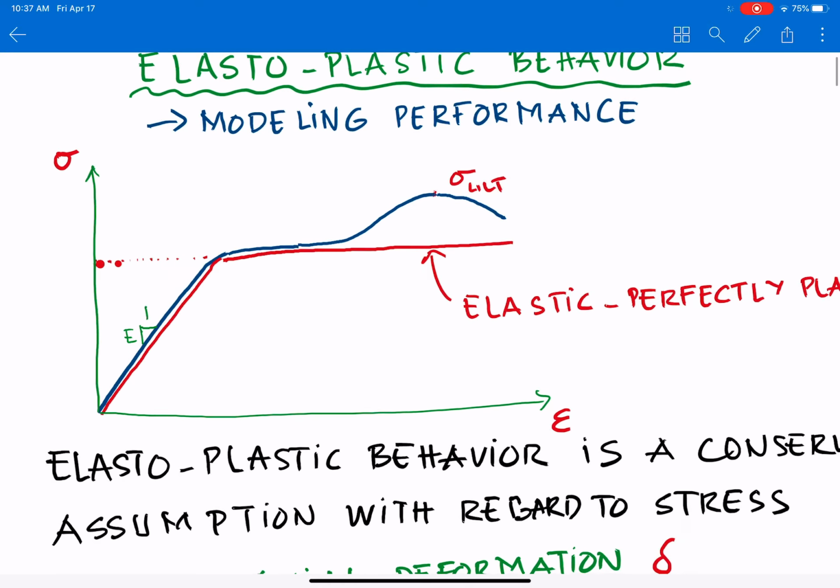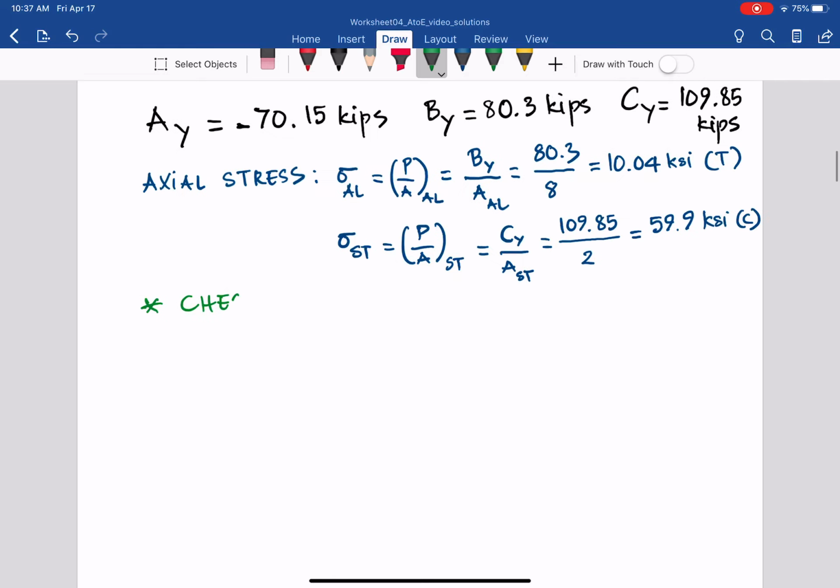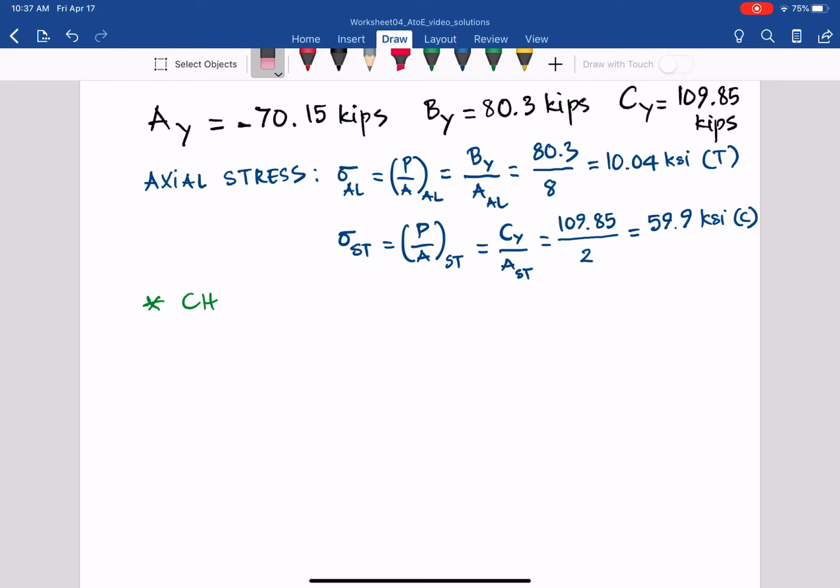So with that, we have to check our assumption, and that's very important here. Don't ignore this. Okay, check assumption. What assumption needs to be checked?